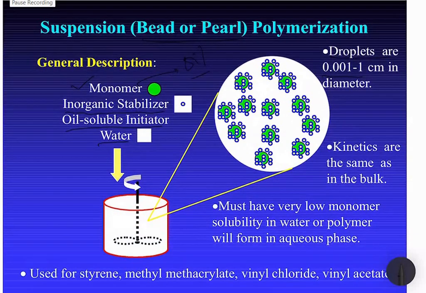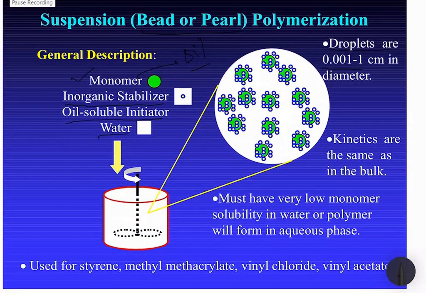Now, the third polymerization technique you can adopt for the free radical mechanism is the suspension, or bead, or pearl polymerization technique that we see here. Suspension is a heterogeneous system, where you have the monomers suspended in the dispersion medium with the help of inorganic suspension stabilizers.